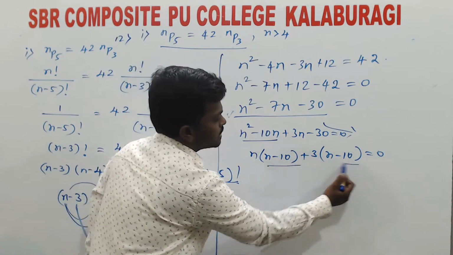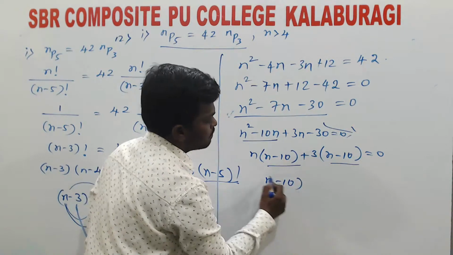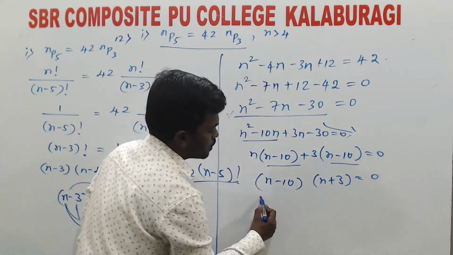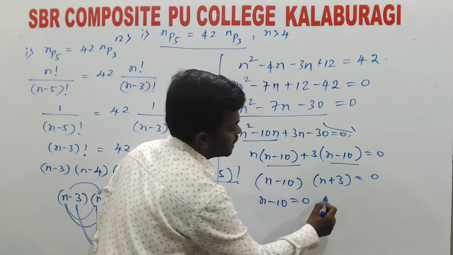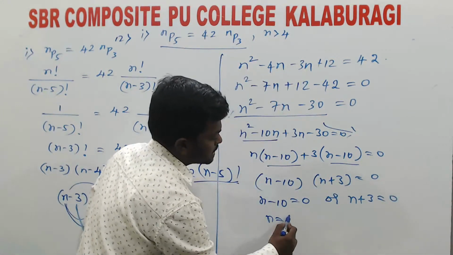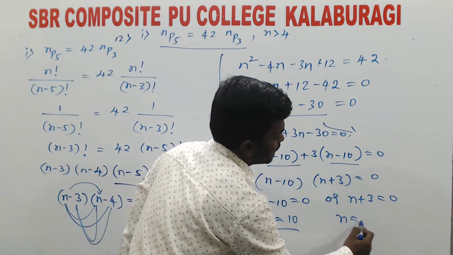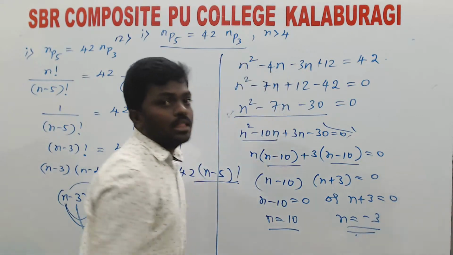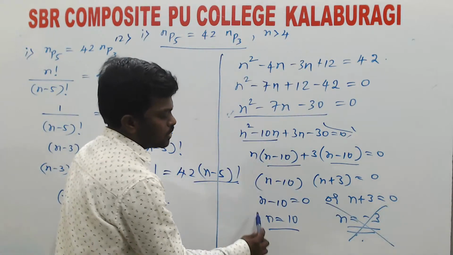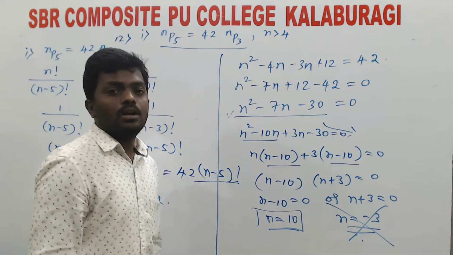So n minus 10 can be taken as common: n minus 10 into n plus 3 equal to 0. So now equate these terms: n minus 10 equal to 0 or n plus 3 equal to 0, which implies n equal to 10 or n equal to minus 3. The number of objects cannot be negative, so just ignore this. So the answer is n equal to 10.